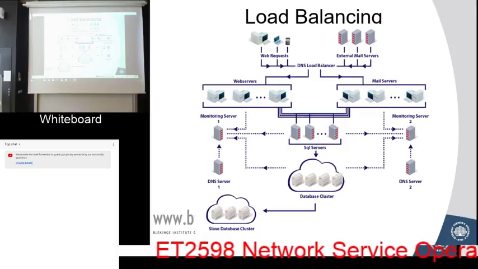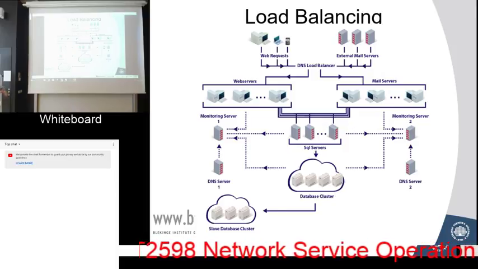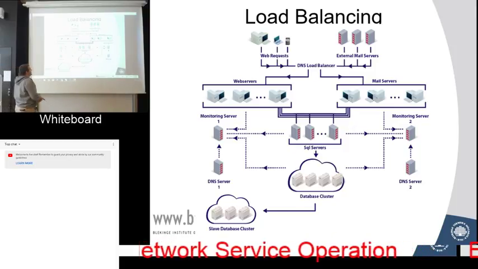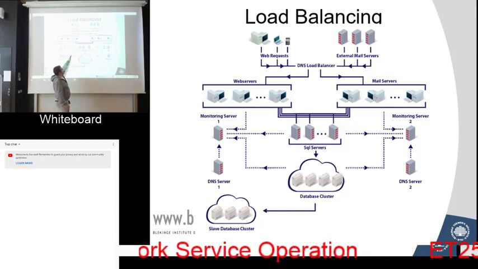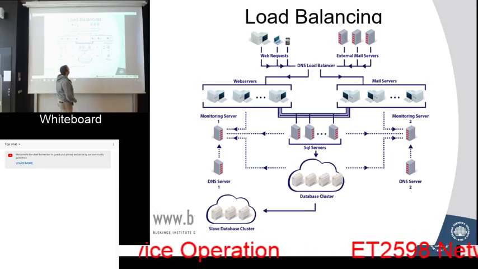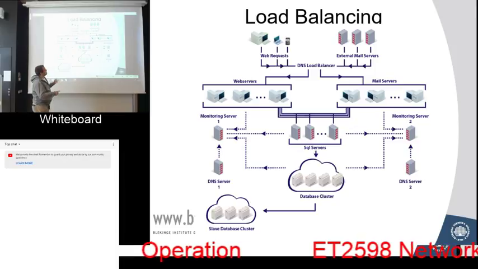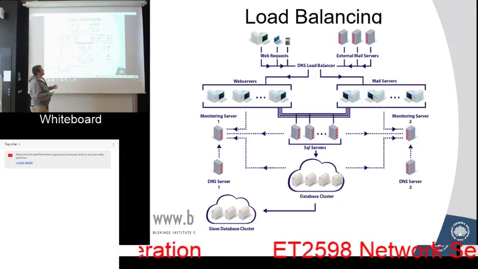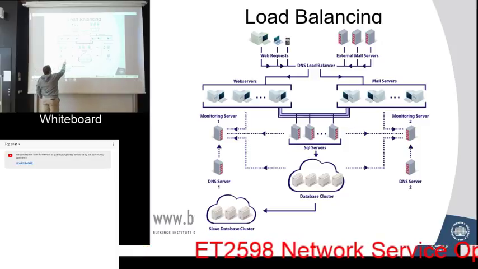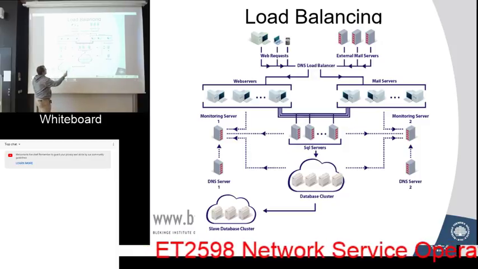So here is an example of a big picture. As I pointed out, here you have the requests. Initial load balancing is done by the DNS. Depending on where your request is going, it's dropped down to a pool of web servers or mail servers.